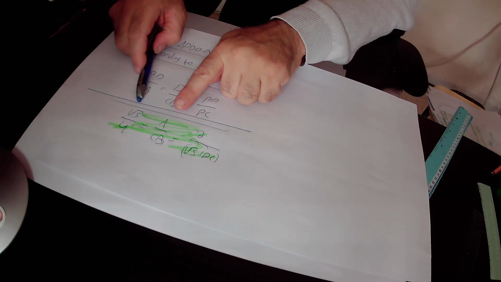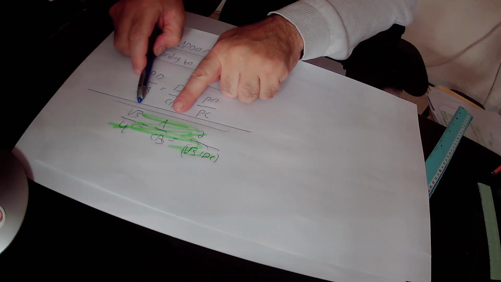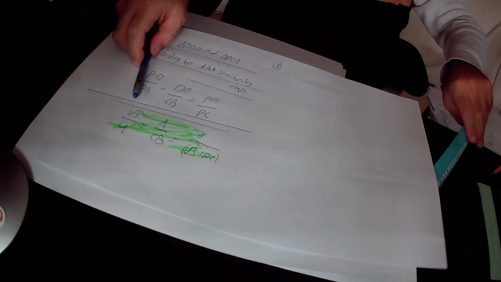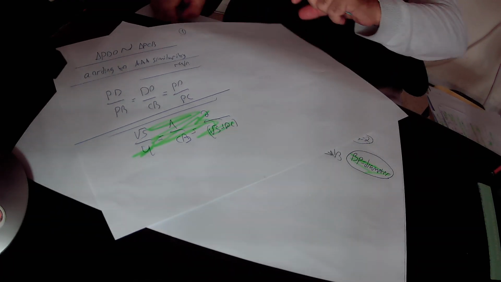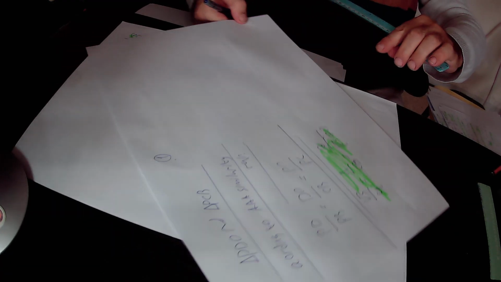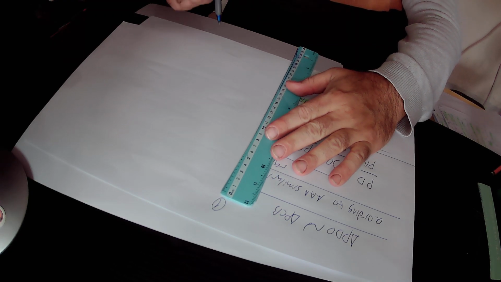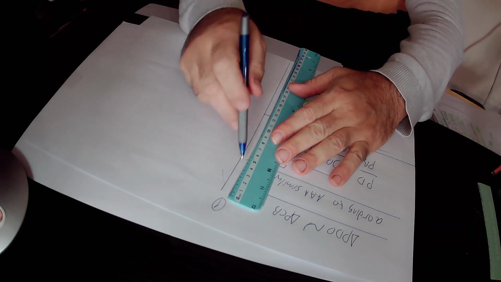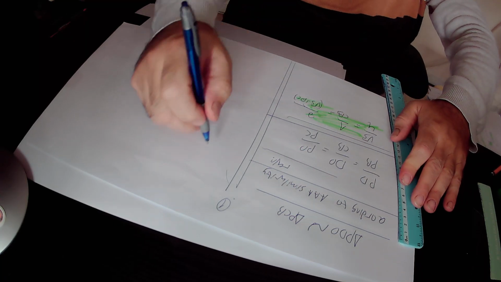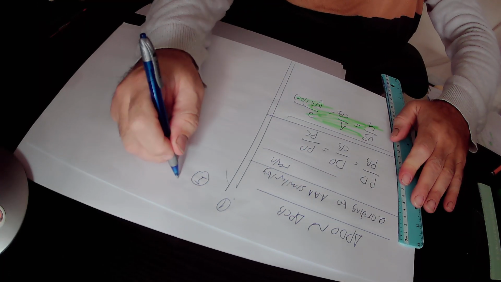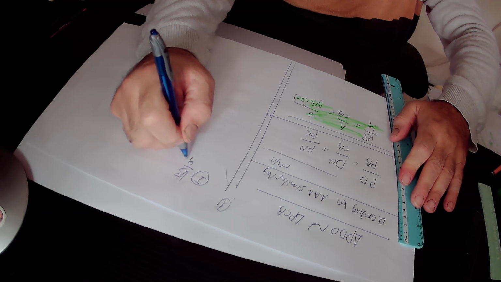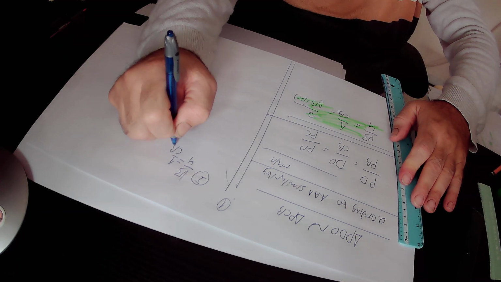Those two sides of this equation are equal to each other, so we will get equation 1 from those two sides. So according to equation 1, square root of 5 over 4 equals 1 over CB.